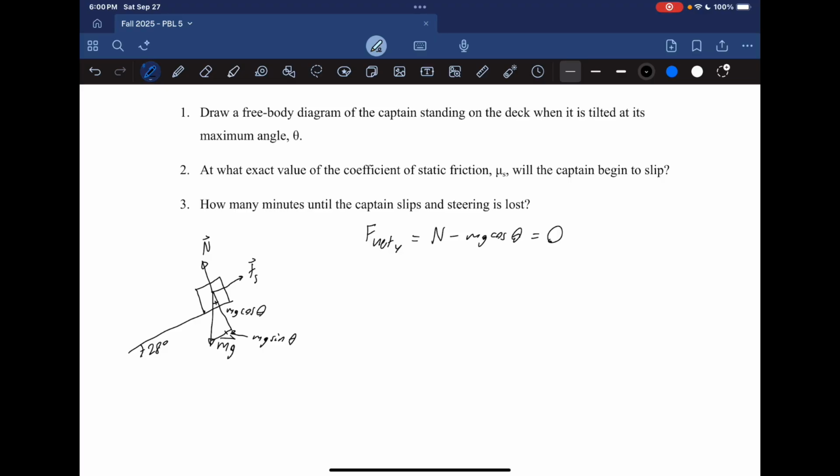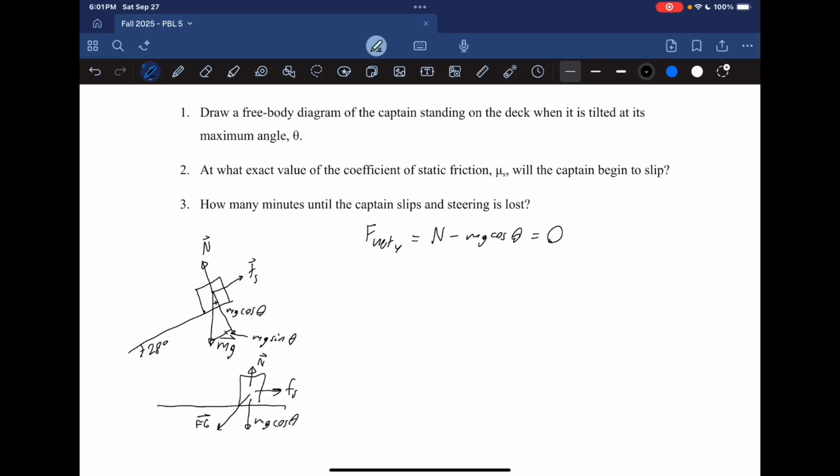We also know this because if you were to model it as a horizontal here, with this being the normal force, this being the static friction, and this being the force of gravity, this force mg cosine theta, the y component of the gravitational force, and the normal force perfectly cancel each other out.